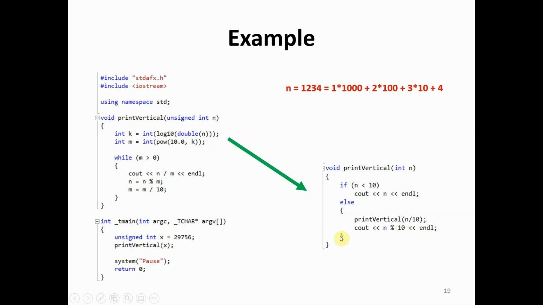This one basically tries to divide by 10, right? So let's say the first time n is 1234. This is not true, so it's going to come here, it's going to call the function with the argument 123.